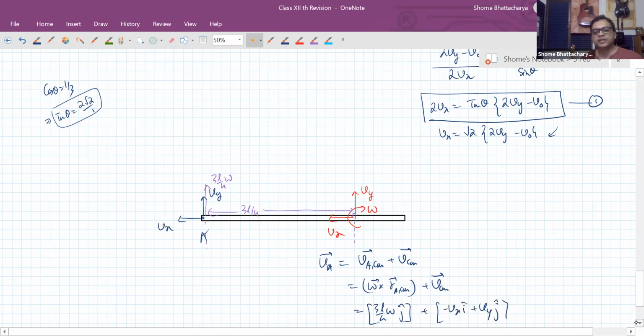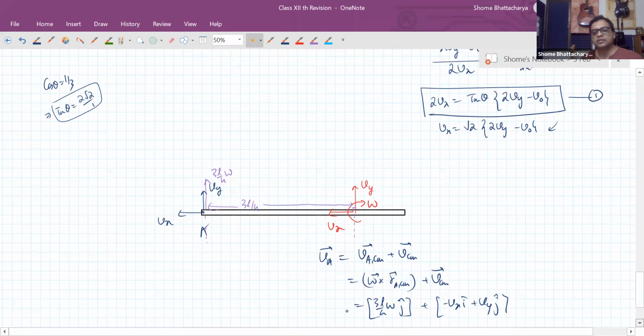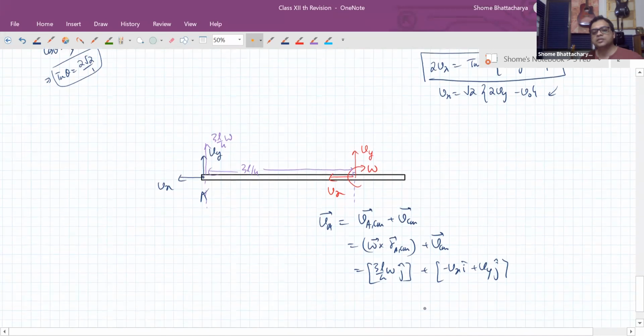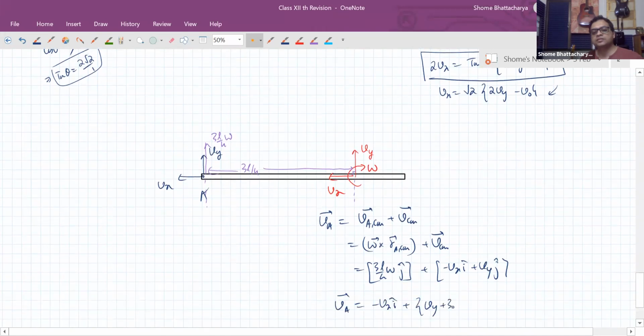So that is how I should get the velocity of the point A to be minus Vx i cap plus Vy plus 3 by 4 omega L j cap. I should get this as the velocity of the point A.